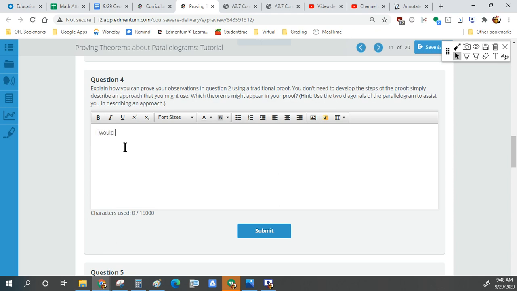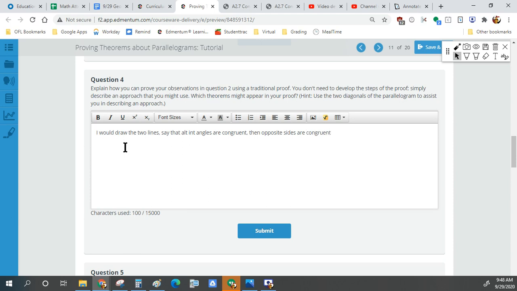So I would draw the two lines, say that, I always call it alt-int angles. Alternate interior angles are congruent, then opposite sides are congruent.